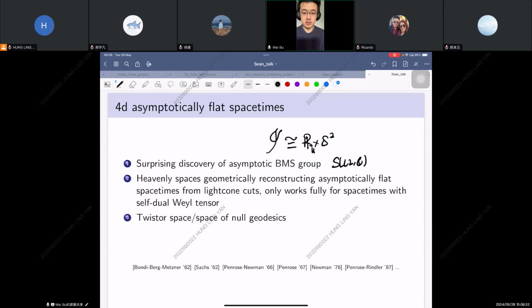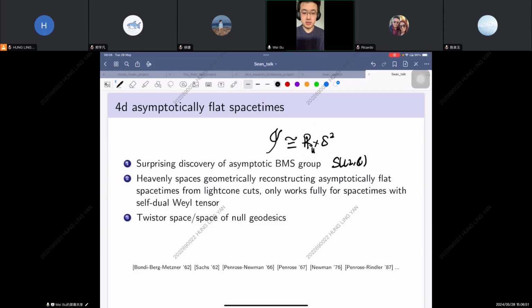The generators actually act on asymptotic components of the metric. These are called asymptotic data, for example the Bondi mass aspect, the shear, the News tensor, derivatives of the News tensor, and so on and so forth.